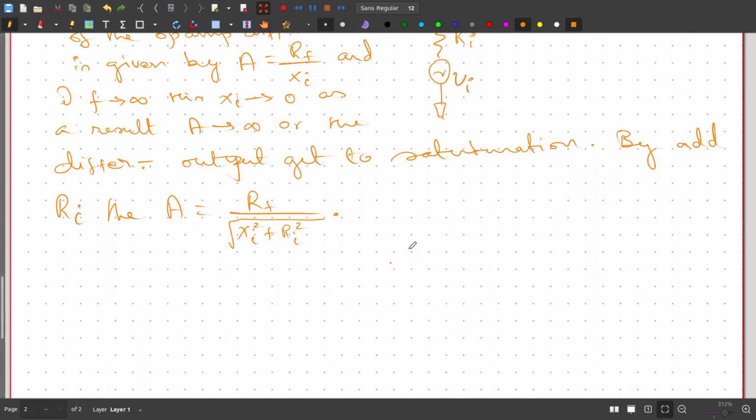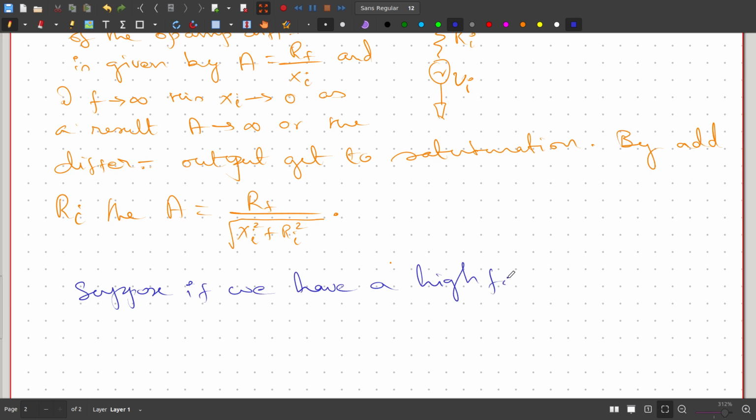Suppose we have a high frequency input noise along with the input signal.